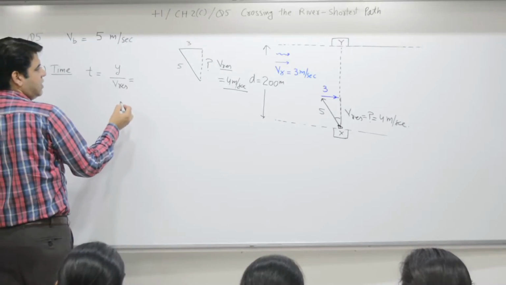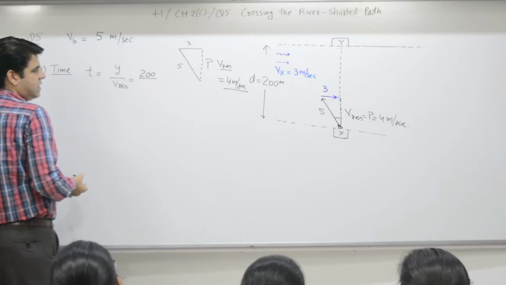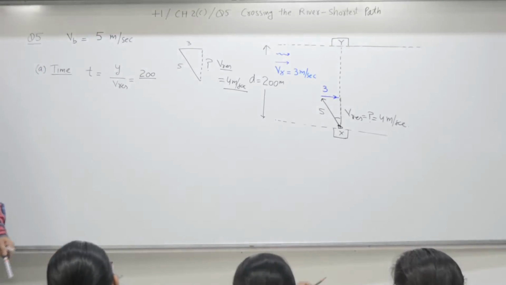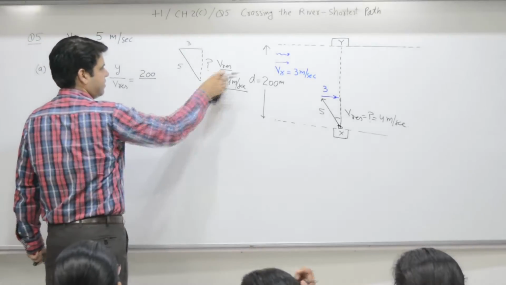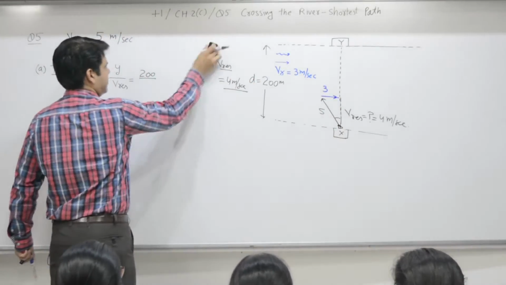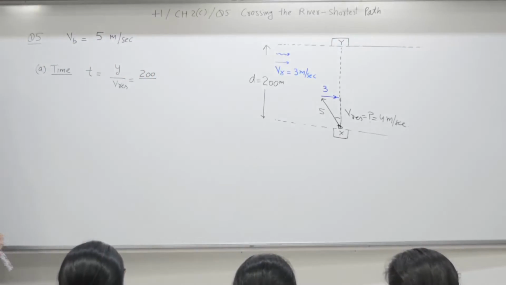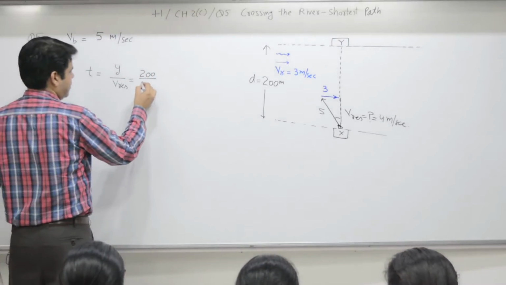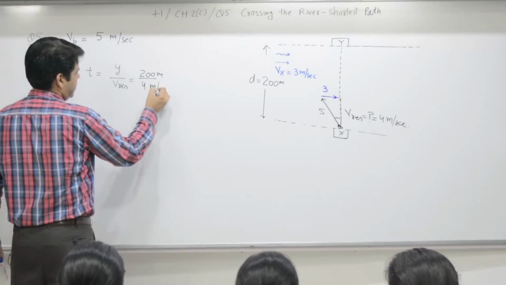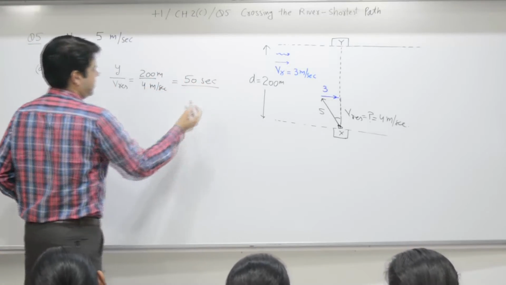Y is what? 200 meters. Resultant along that is 4 meter per second. This is for the sake of clarity only, it is the same triangle. 200 divided by 4 meter per second is equal to 50 seconds.